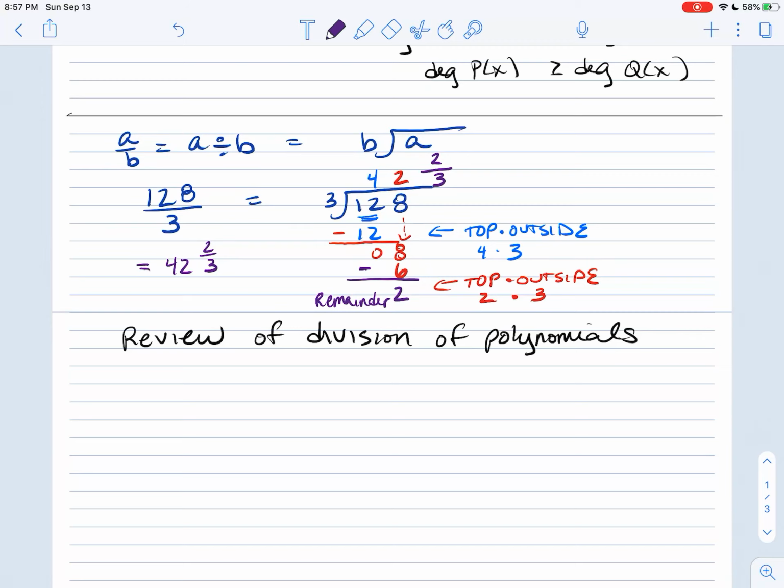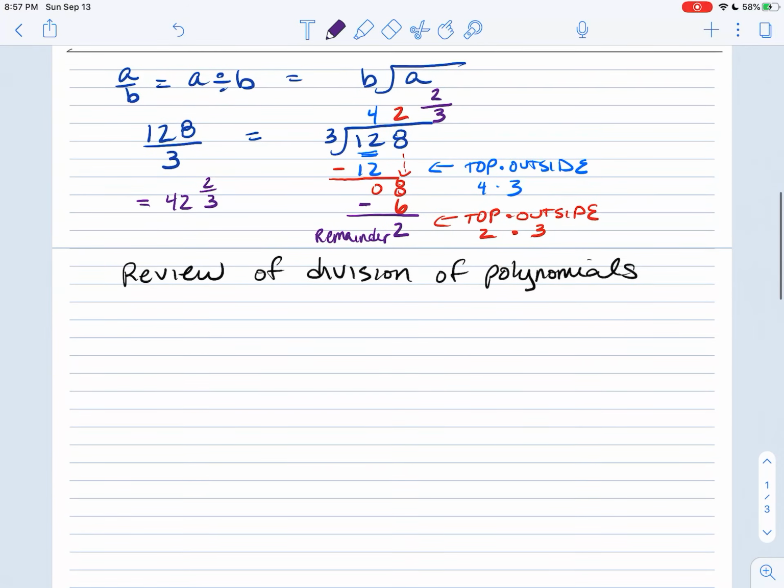Good? So the same idea applies to polynomials, only we include our equal sign, or our positive and negative, or addition and subtraction in between, and we also ensure that we are lining up our like terms.